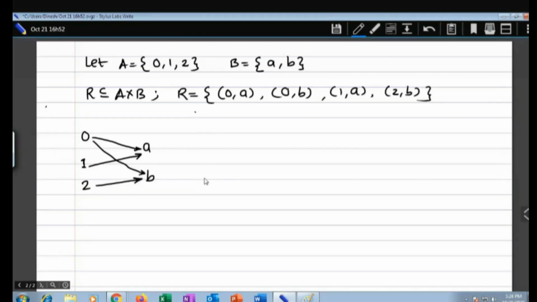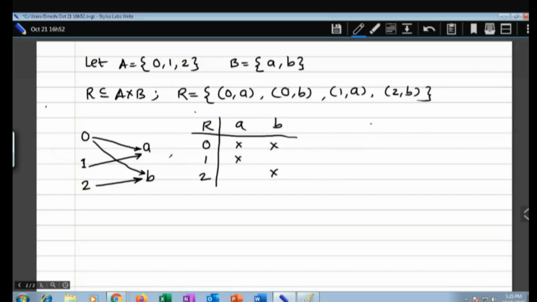Or you can also have a kind of table, a contingency table. So R can be denoted with rows and columns. Here you can have a, b, and 0, 1, and 2, and you can just mark a cross over here. So 0a, 0b, 1a, and 2b.